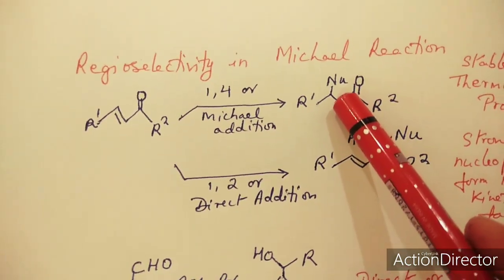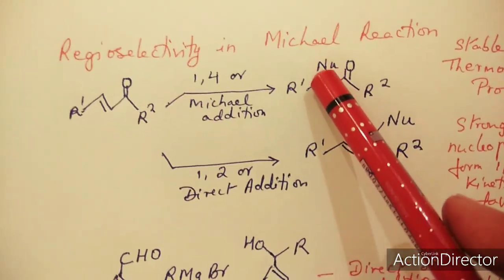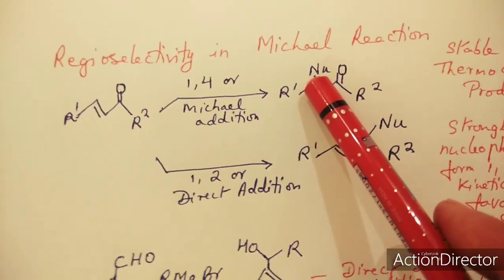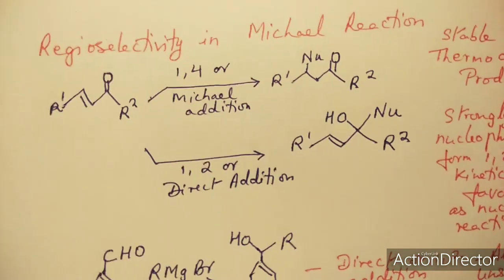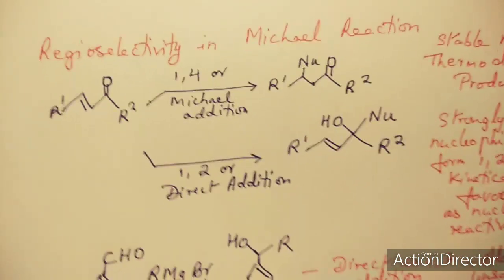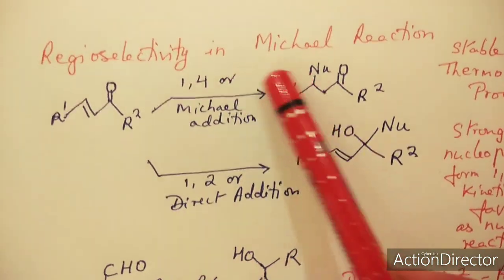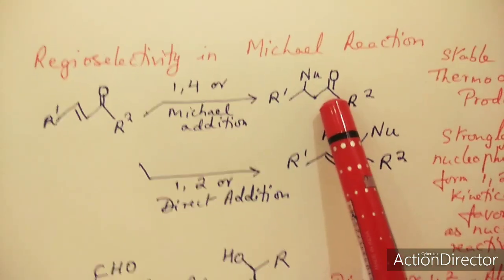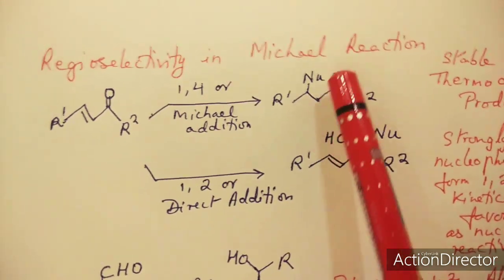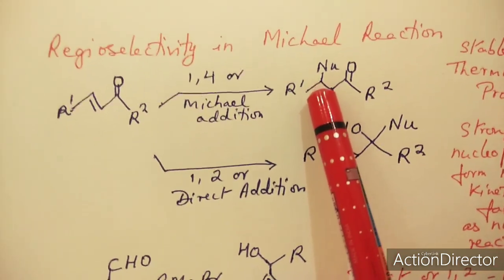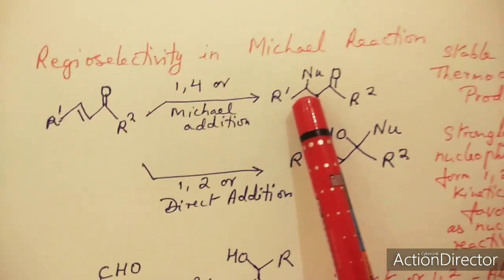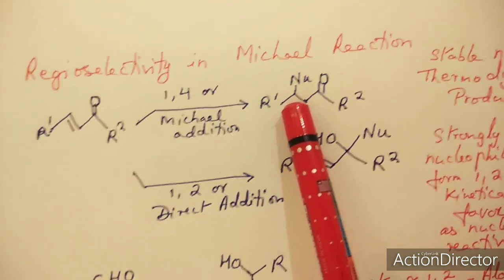1, 2, 3, 4. So where is the nucleophile adding? This is termed as the 1,4 addition. The nucleophile is adding at the double bond. Carbon to carbon double bond is the one which is being destroyed. Why? Because as compared to the carbon-carbon double bond, the carbon double bond oxygen is more strong. This is weak, soft. This is a soft target. So our nucleophile is not so strong.